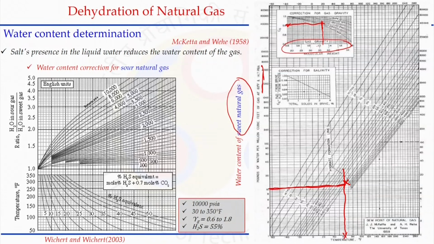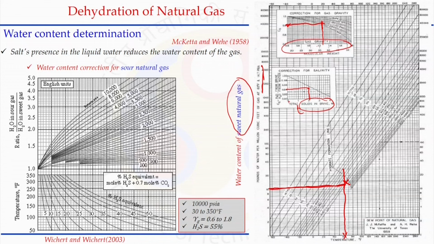Not only the composition of the natural gas, in the form of specific gravity, but the salt concentration will also influence it, and for that we can see another inside chart that says solids in the brine solution. If we know it, we can go vertically and choose the point where it strikes this inclined line, and we can see the ratio of H2O from brine to H2O from water.